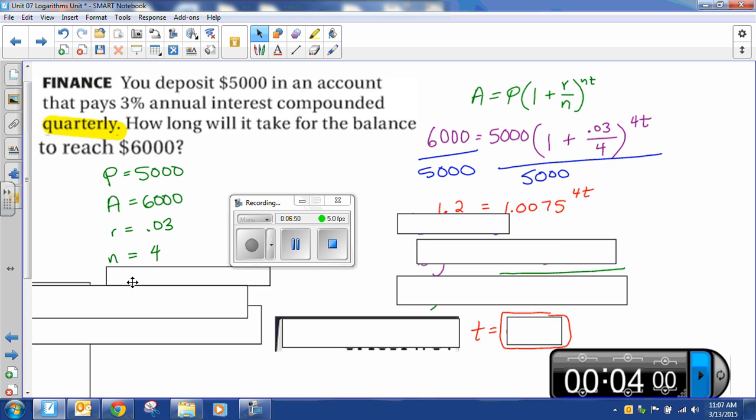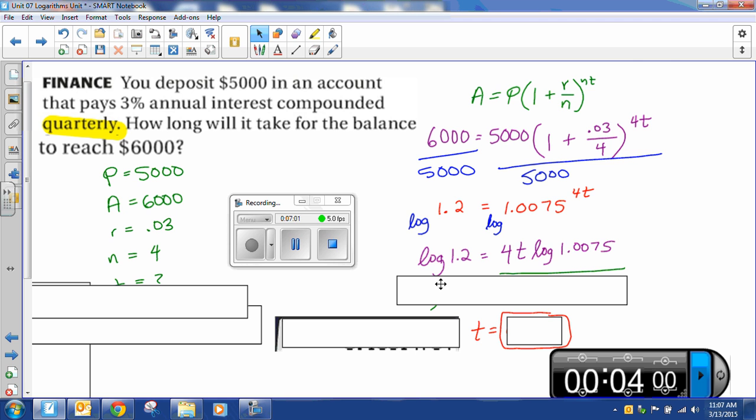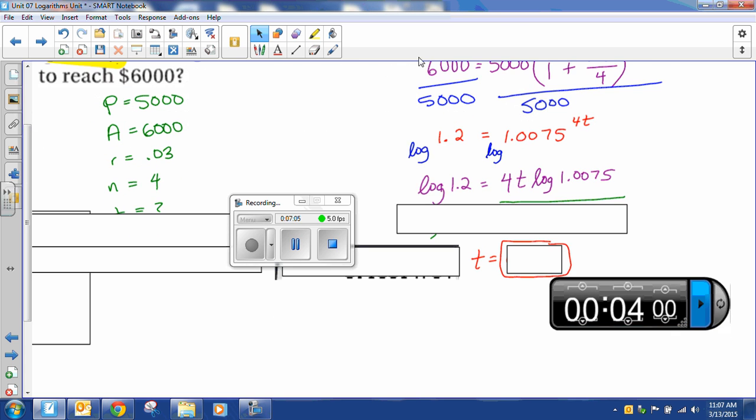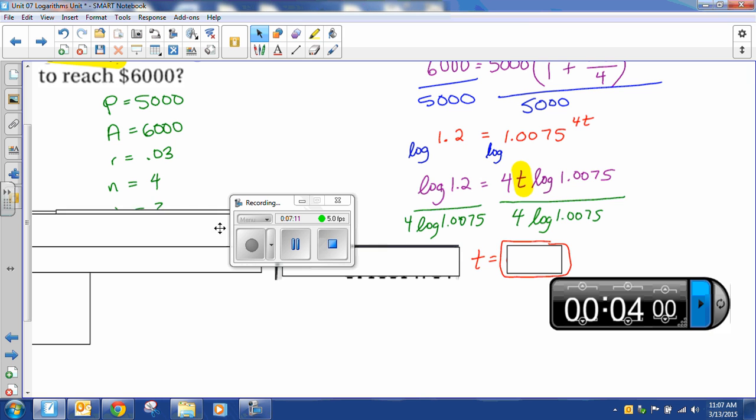divide by 5,000, simplify 1 plus 0.03 over 4 to give me 1.0075, and then we take the logarithm of both sides. Log of 1.2 equals 4t log 1.0075. Since we want to get the t by itself, we're going to divide both sides by 4 log 1.0075.